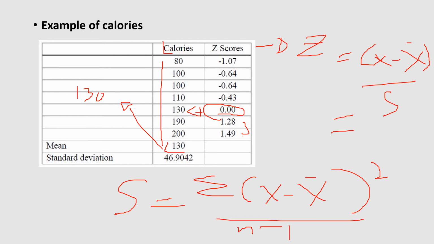So when you say 1.49, that means almost, let's say, 1.50. So when you say the highest score, the difference is only 1.50, but you have to keep in mind that 1.50 here is actually almost double the 130. So that's one thing to keep in mind.